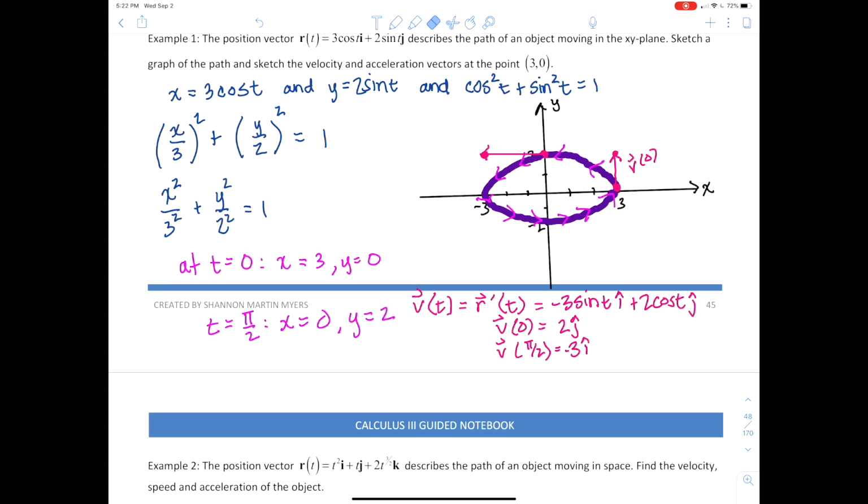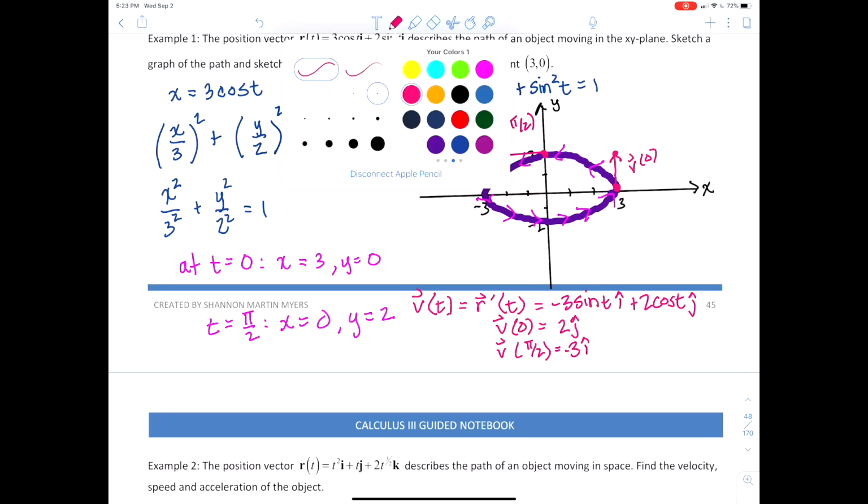Let me draw that a little better because I think I went too far. Okay, and so this was v at pi over 2. Cool so far? Now let's look at the acceleration vector.